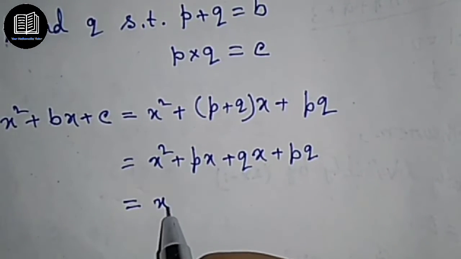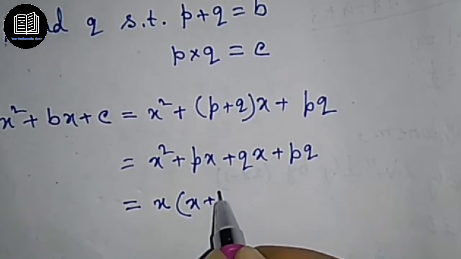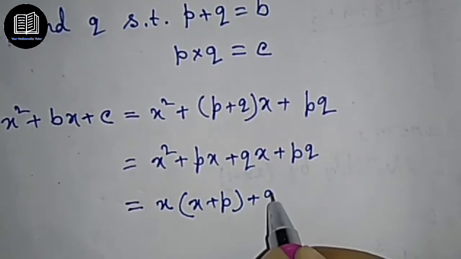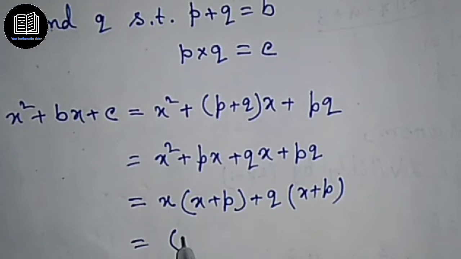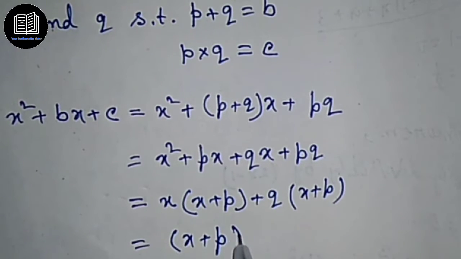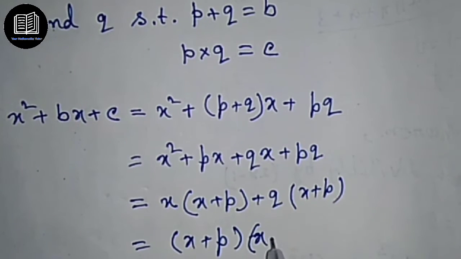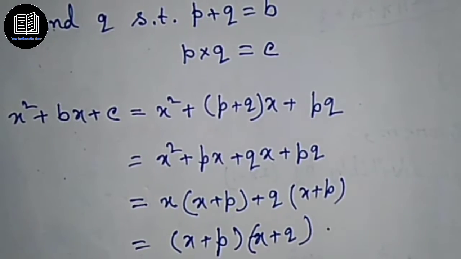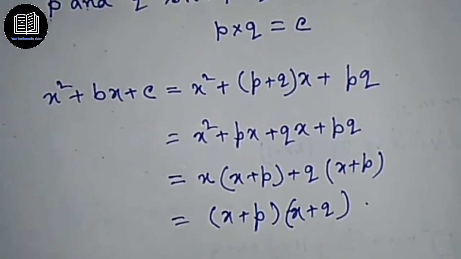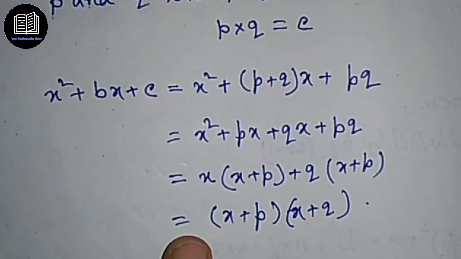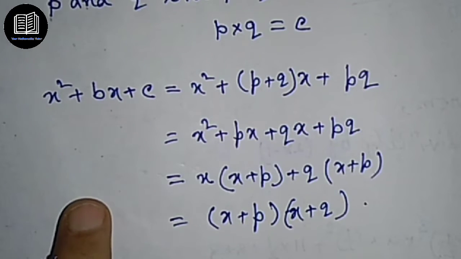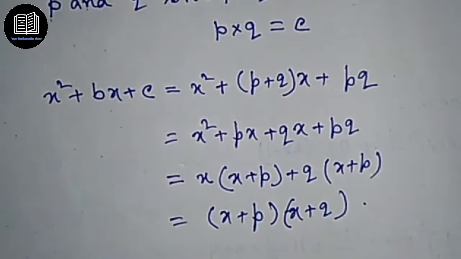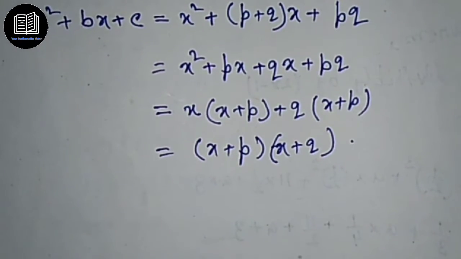Now take x common, x plus p, and here q common, x plus p. So the factors are x plus p and x plus q. This is the method of factorization of polynomials of the form x square plus bx plus c. Let us take an example.